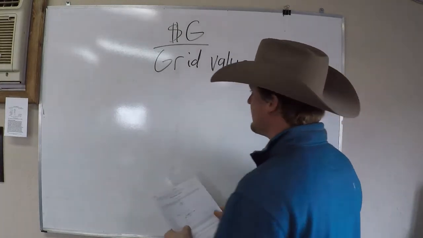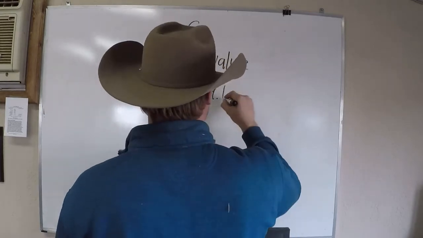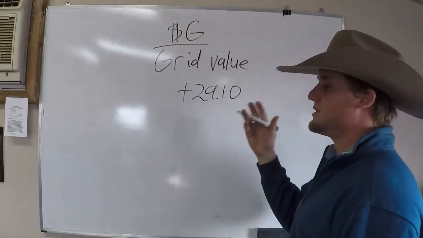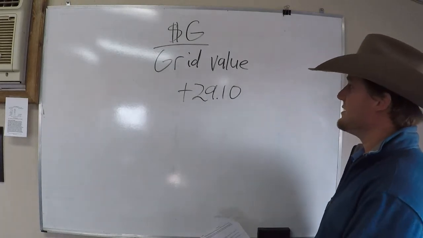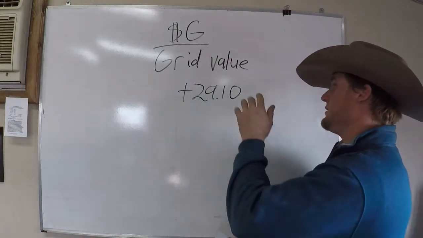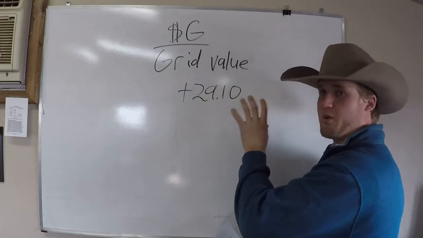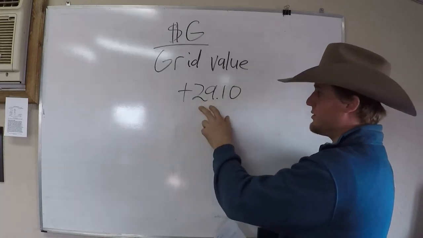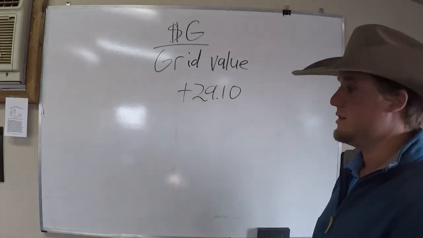For $G, they give plus 29.10. What they're saying is that the carcass EPDs make up the grid value. Calves of this sire, on average, just off the grid value, will bring plus $29.10 more than the average Angus herd.